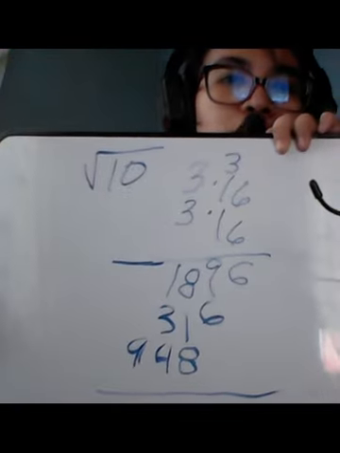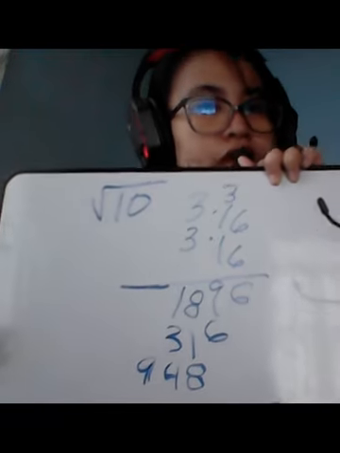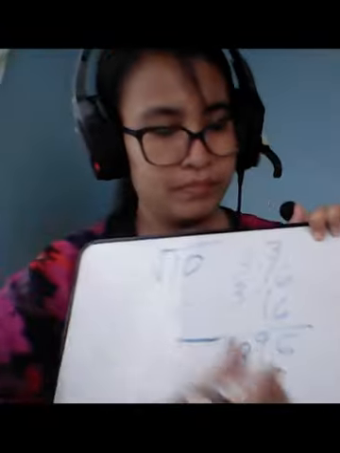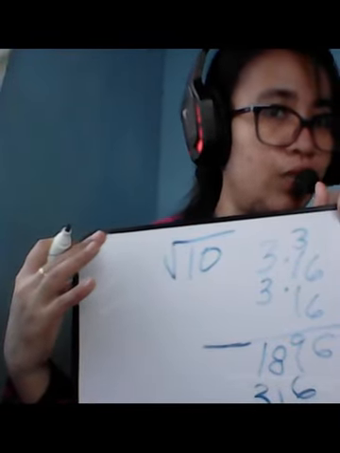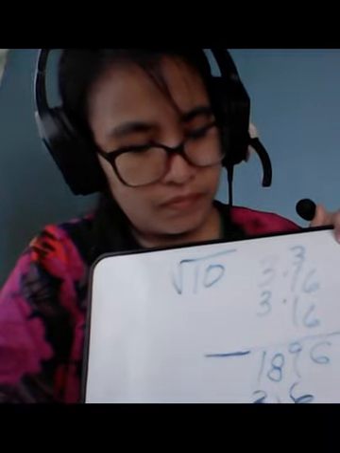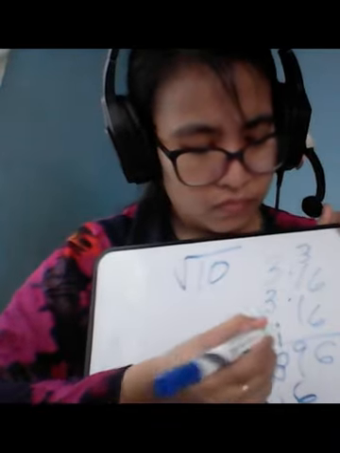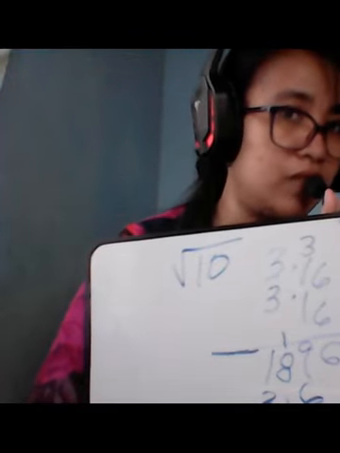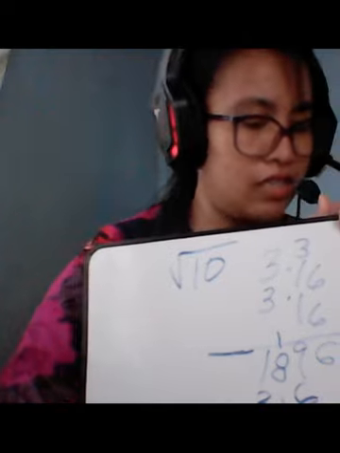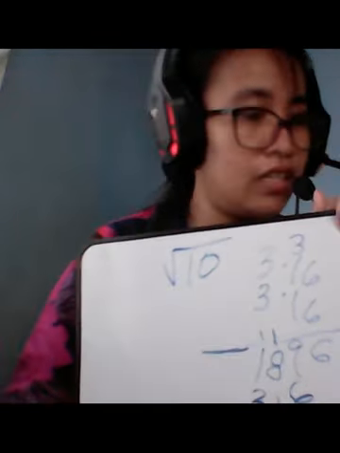After we multiply all of it, then we have to add. So bring down 6. 9 plus 6 equals 15. Carry 1. So you have 1 plus 8 is 9 plus 1 is 10 plus 8 is 18. Again, carry 1.